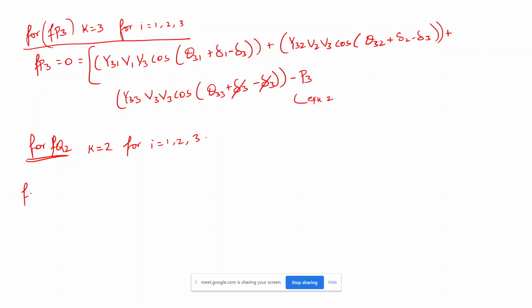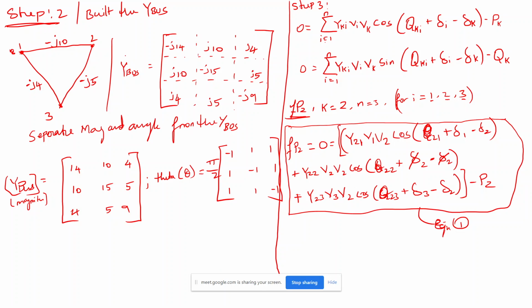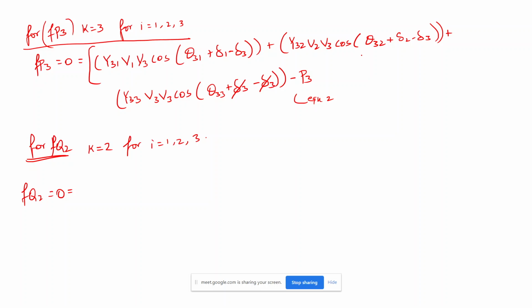And f q2 is equal to, we can use theta only, because we are using q here, so we will make it theta only, is equal to 0, and one more thing we need to correct here. One mistake is here, it is minus. For q it is minus, for qk it is minus. So if that is the case, then we need to put minus here.